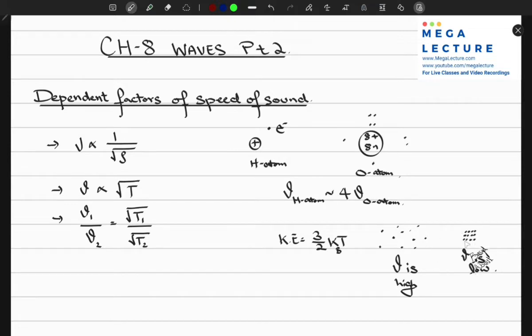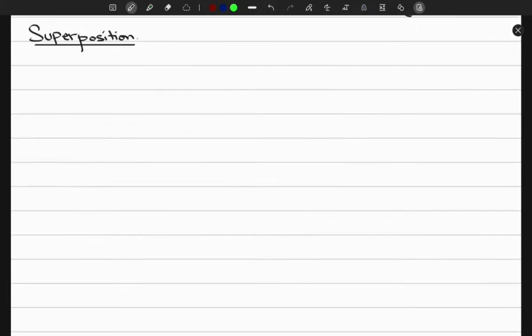You can easily relate this back to the density of the molecules or atoms, or the system for that matter. Now let's move on to what is known as the principle of superposition. The principle is something like this: if I have a wave that maybe looks something like this, and then I have another wave which I can add to this wave, suppose that wave is also something like this.